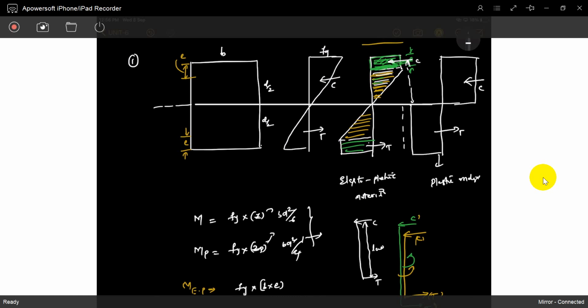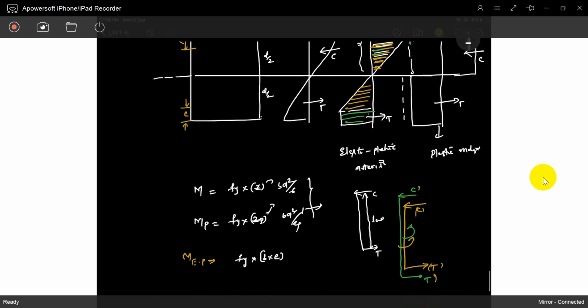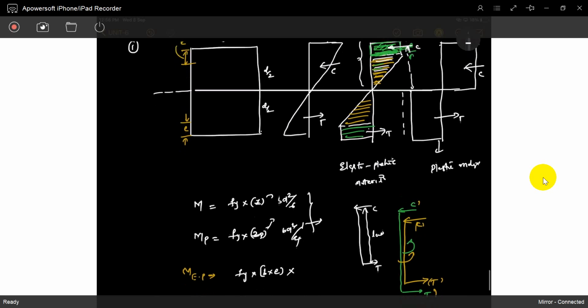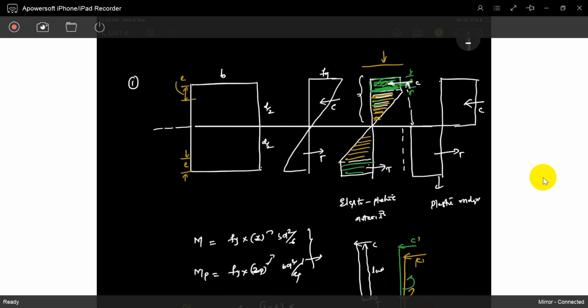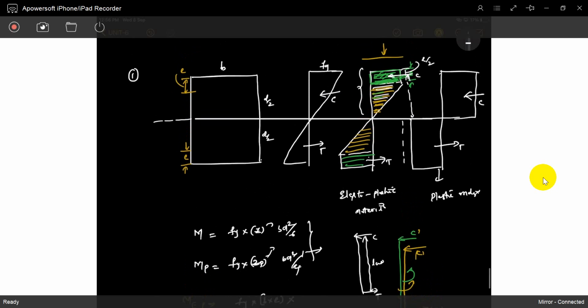We will take care of that portion and later the remaining portion. You can add it. No need to add the total compression force in this portion and find out the CG of that portion. No need at all. Are you understood? So you will find out like this also. So that's it. And what is the lever arm? So this distance, you can easily say it is E by 2. This distance is also E by 2.